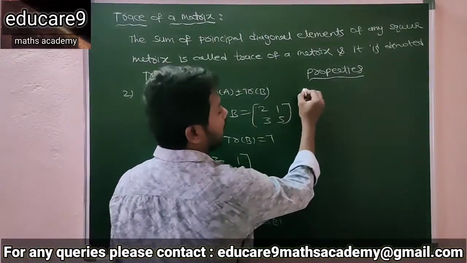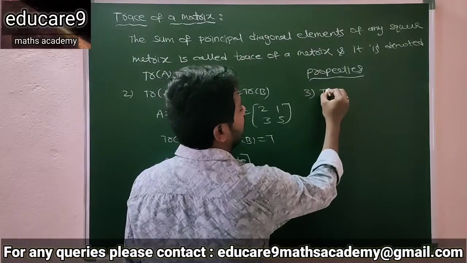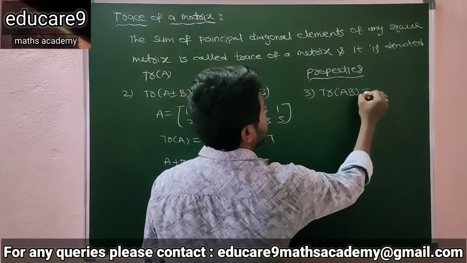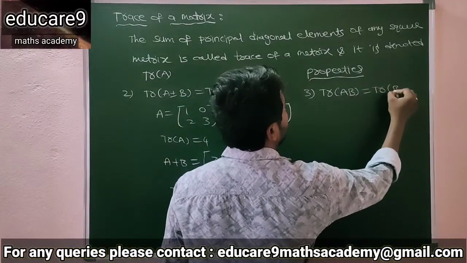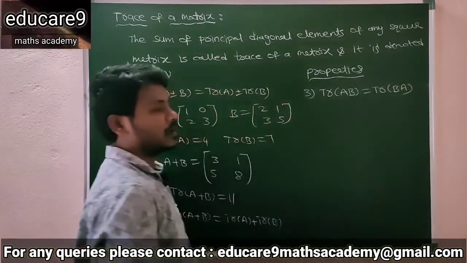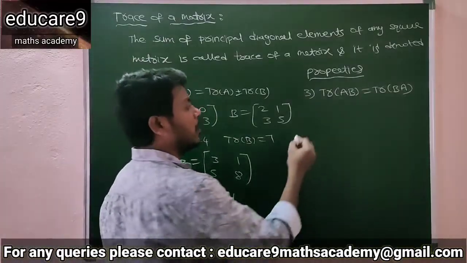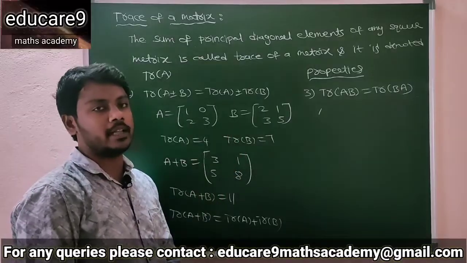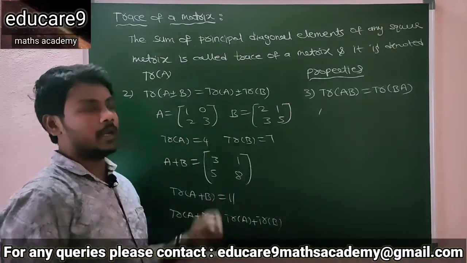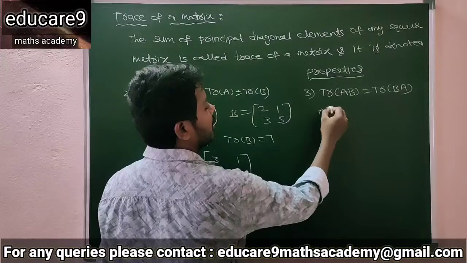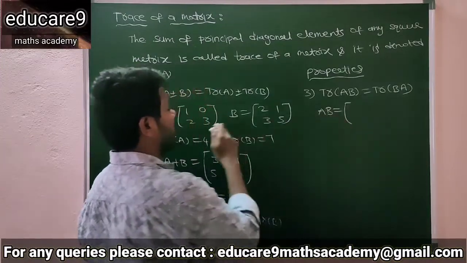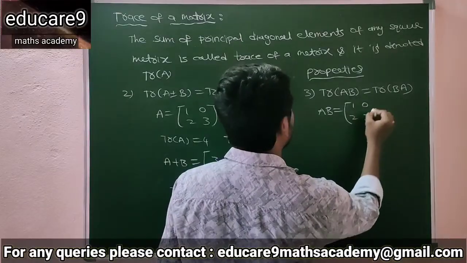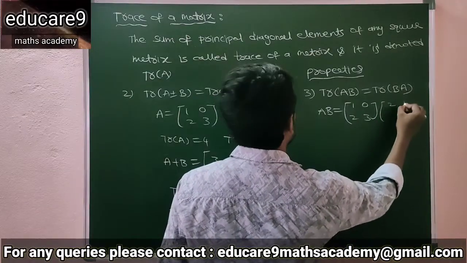Next, the third property: trace of AB is equal to trace of BA. For example, take these two matrices A and B, which are square matrices, and multiply AB. From the above example, the multiplication of A and B is 1 0 2 3 into 2 1 3 5.